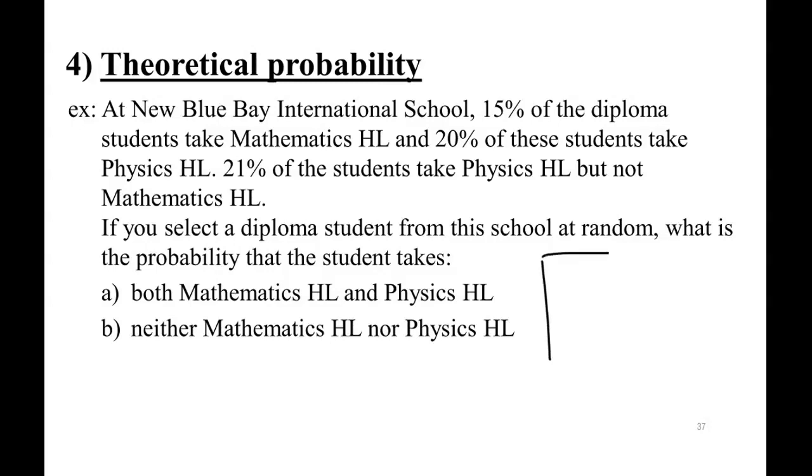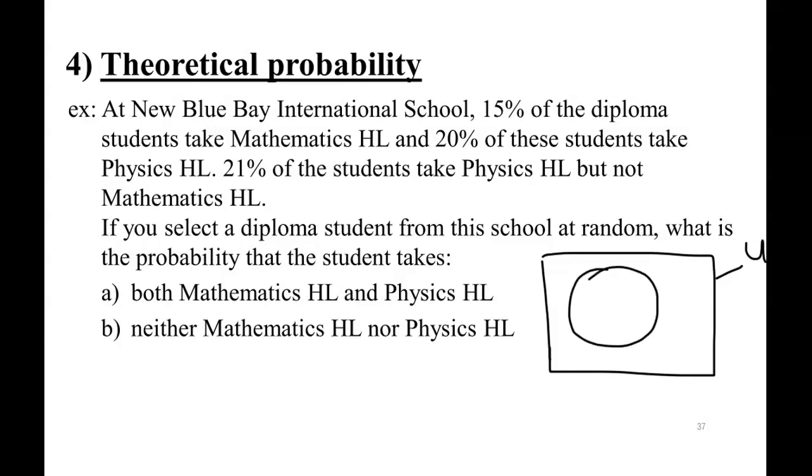So over here, if we represent the whole class by the sample space U, we have the students that are taking Math HL, which we can call MHL, and we have the students taking Physics HL. Now, the remaining students in set U, which are outside the domains of Math HL and Physics HL, are basically the students that are taking other courses.